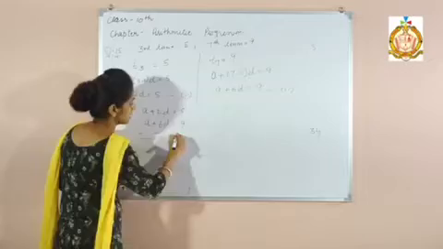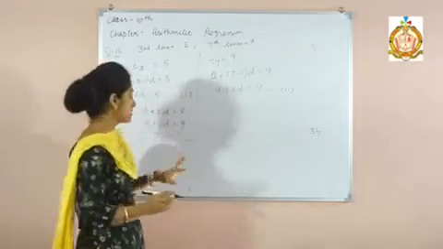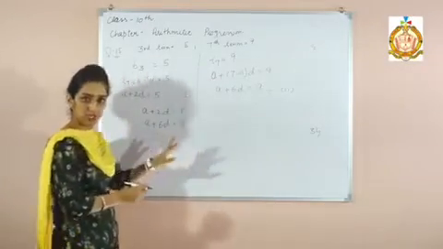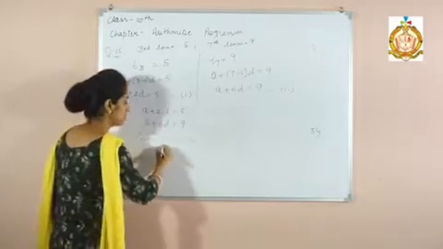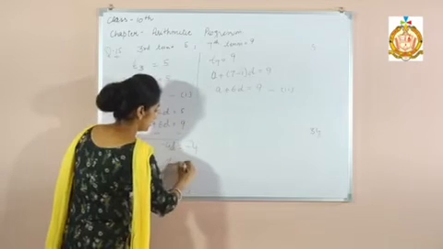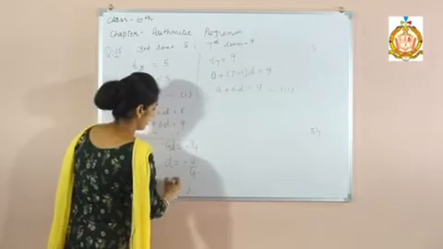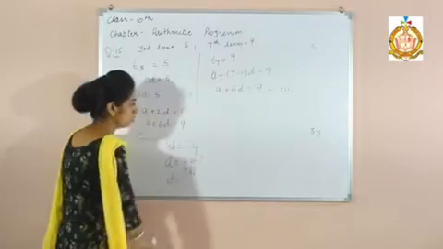Now a plus 2d is equal to 5 and a plus 6d is equal to 9. Now we have to change a sign. This concept you have already done in lower classes. Now you change the sign and this cancels. 6 minus 2 is 4d, which is equal to 4, so d is 4 over 4. So d is equal to 1.